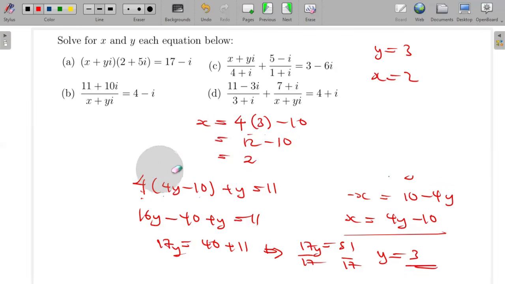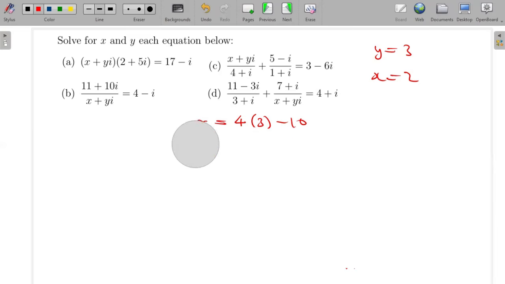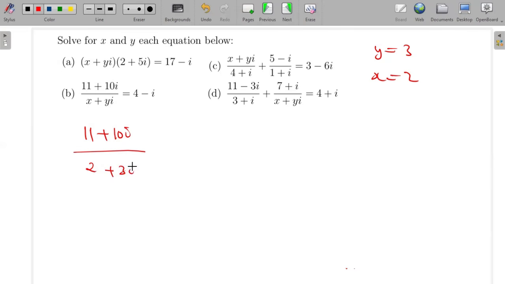So if you'd like, you could replace that there and see what you're going to get. So if we place in here, you have 11 plus 10i, down there you have 2 plus 3i. So you first have to rationalize this by multiplying by its conjugate, that is 2 minus 3i. Then there are 2 minus 3i.